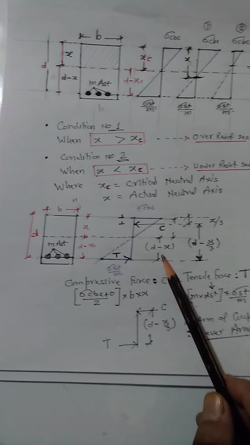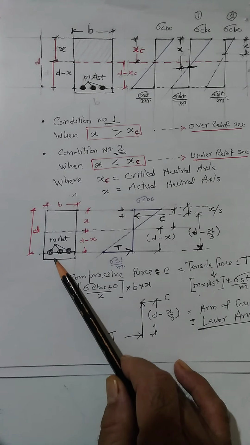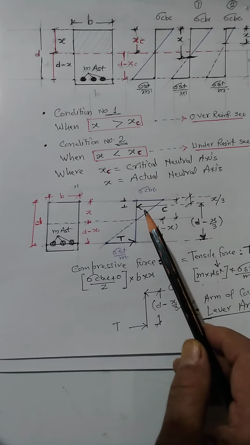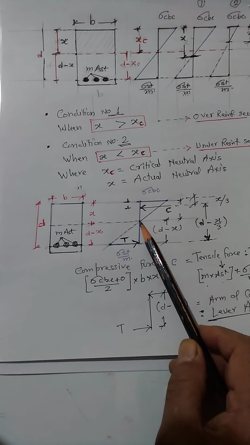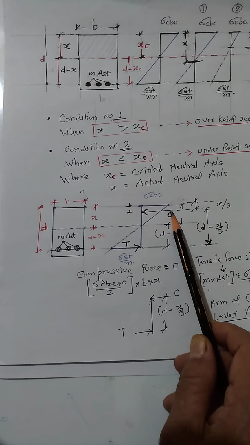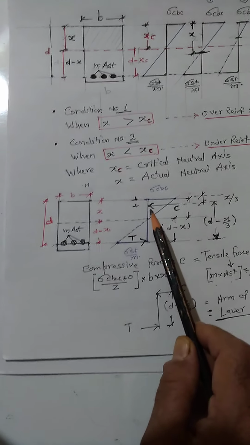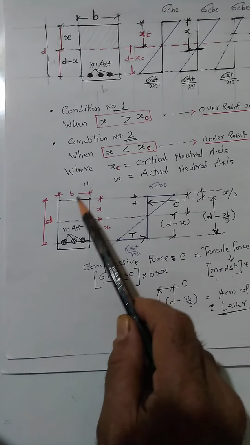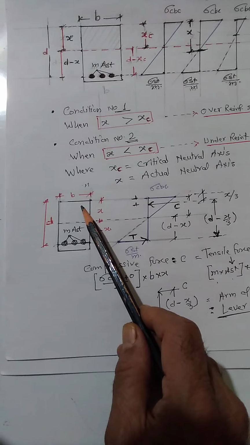Now, I am drawing another figure: area of steel, x, d minus x. The force is 0 over here, and the maximum stress is sigma cbc. The average stress is sigma cbc by 2. What is the total concrete area?